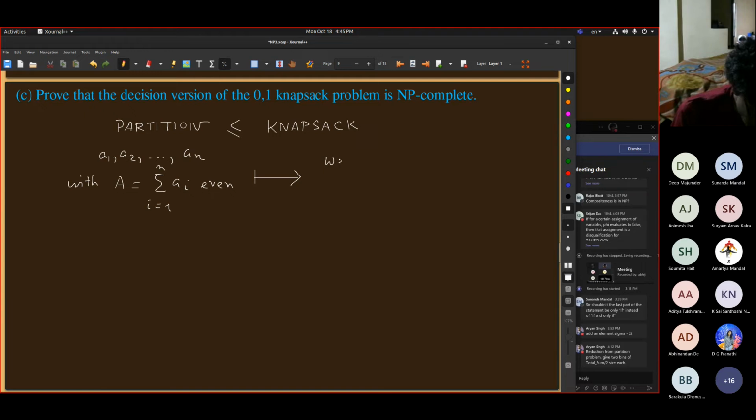Looks too tricky. Okay, okay. The weights will be same as A1, A2 through An. Profits will also be A1, A2, through An. What should be the knapsack capacity?